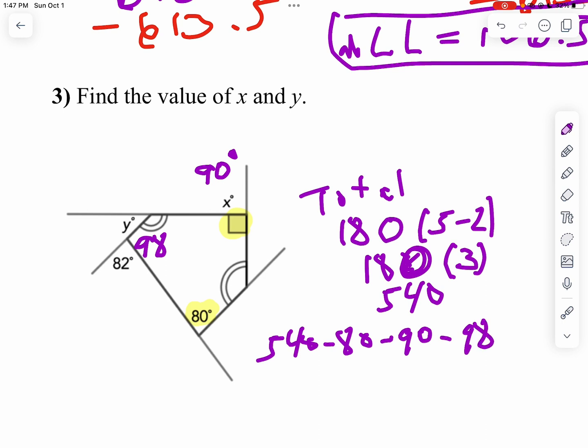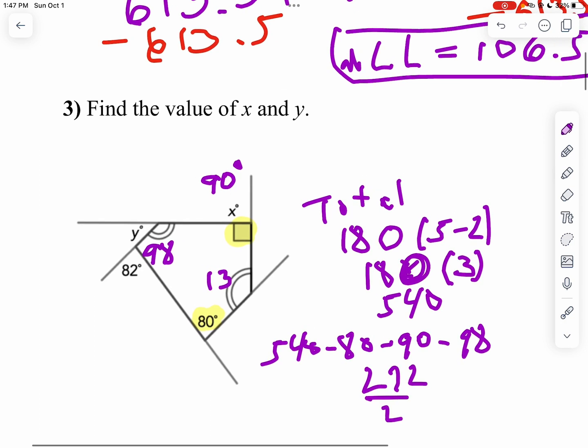That'll be the total number of degrees inside for the other two angles. We know the two missing angles add up to 272. Well, we want to divide that by 2. So divided by 2 would be 136 degrees for each of these angles.